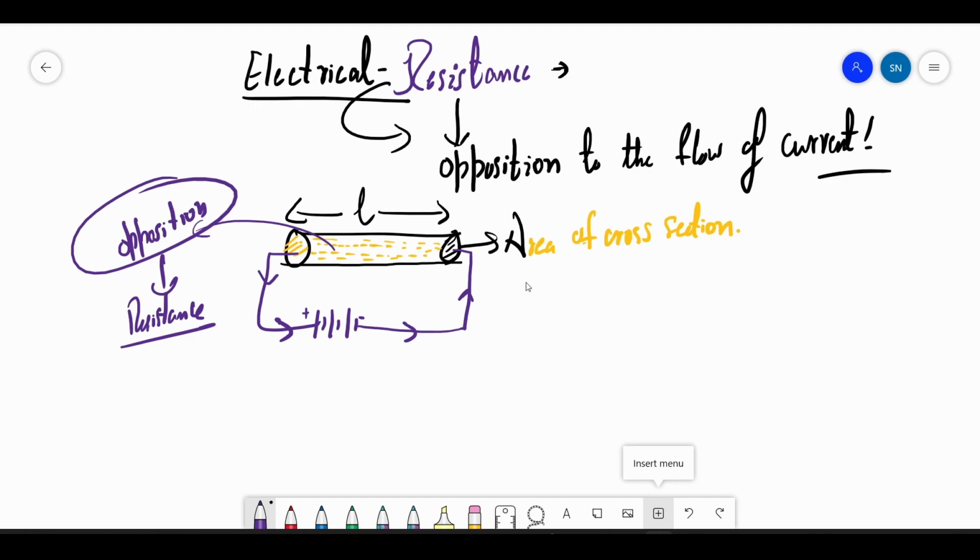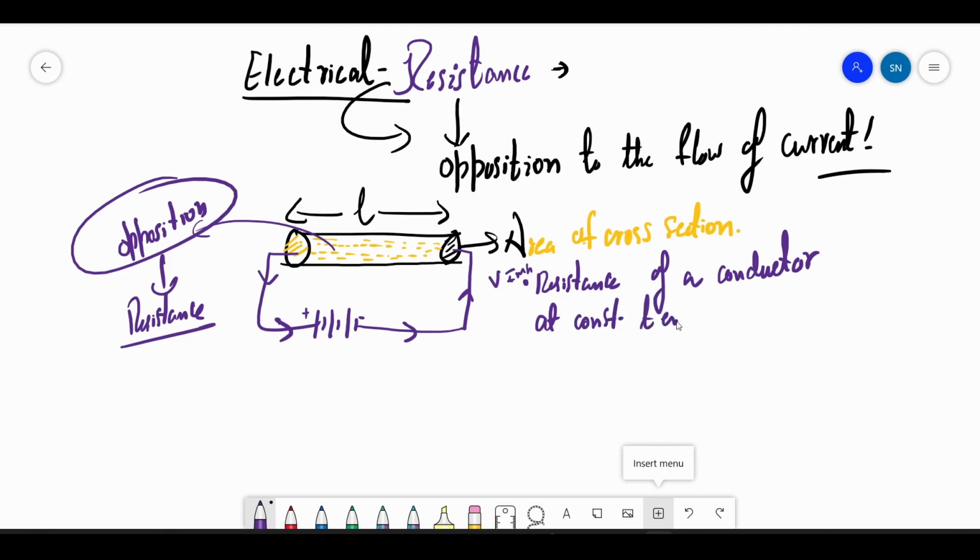Okay. Now, resistance, it's very important. Resistance of a conductor at constant temperature, if we don't change the temperature, because if we do, resistance will be affected.